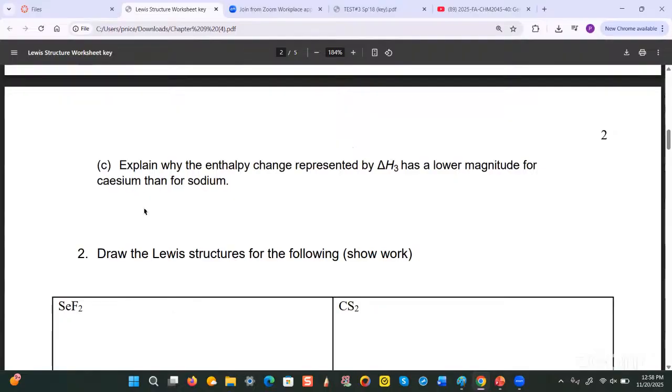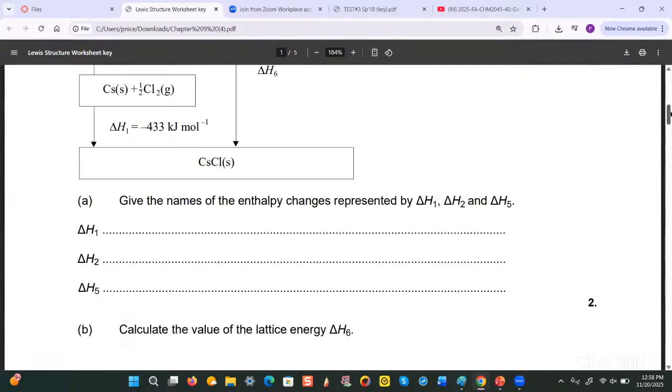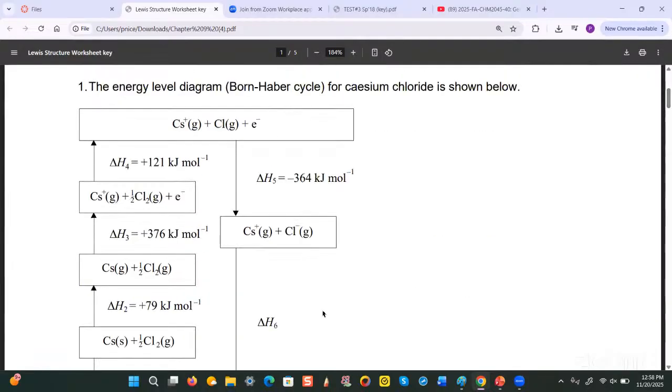Oh, we're not finished with that question. There's a C part. Now the C part says, explain why the enthalpy change represented by delta H3 has a lower magnitude for cesium than for sodium. So going back to the diagram here, for delta H3, which is right here, going from cesium gas to cesium ion, the question is saying that this delta H value is lower compared to if this was sodium, right?